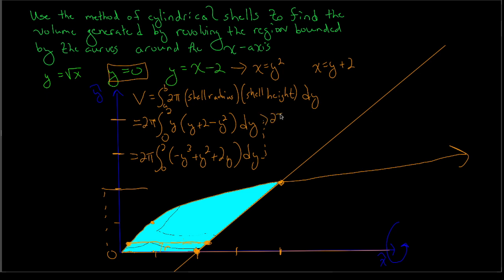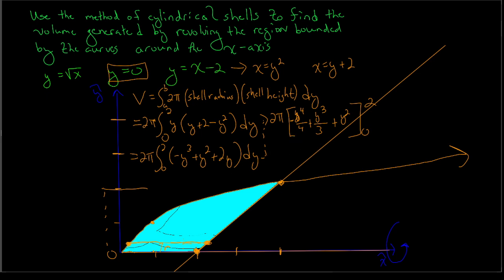Still going to have my 2 pi outside, and that's going to be y to the 4th over 4 with a negative sign in front of it, right? Plus y cubed over 3 plus y squared, all evaluated from 0 to 2, right? Because this goes up to 4 divided by 4, up to 3 divided by 3, up to 2 divided by 2, so the 2's cancel.